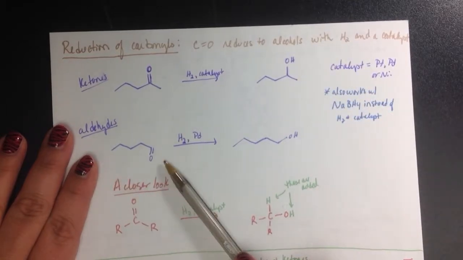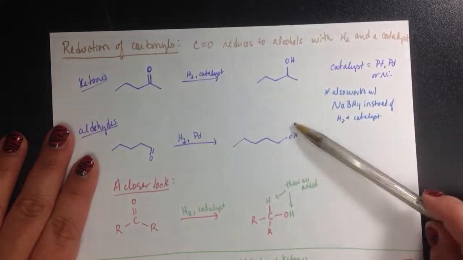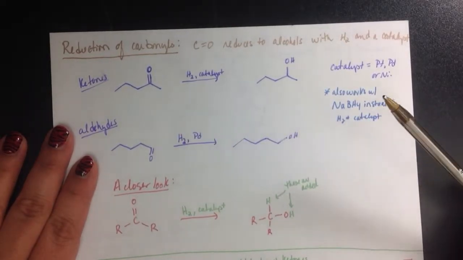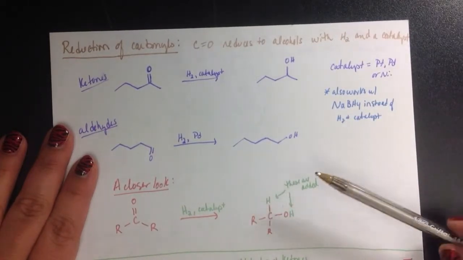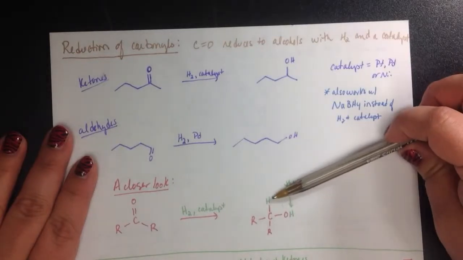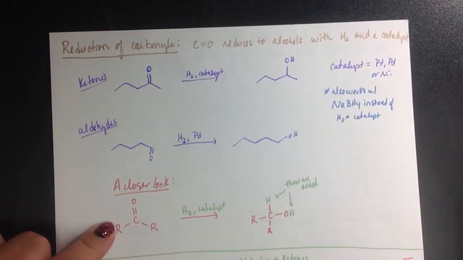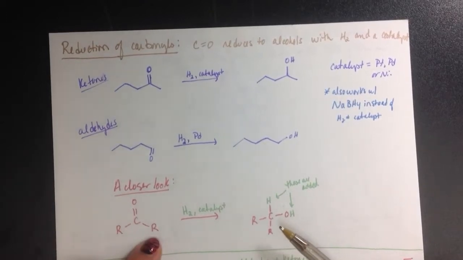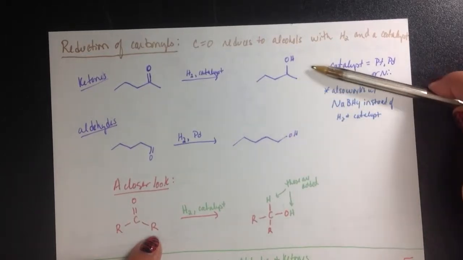And here, if we have an aldehyde, hydrogen would go here and here, and you end up with a primary alcohol. This is sort of a tracing of where those hydrogens go. So we end up with one here on this carbon and one here. So this is just a demonstration of what this looks like up here. If one of these, instead of being an R group or a carbon, is just a hydrogen, that's the difference between this and this right there. Okay.